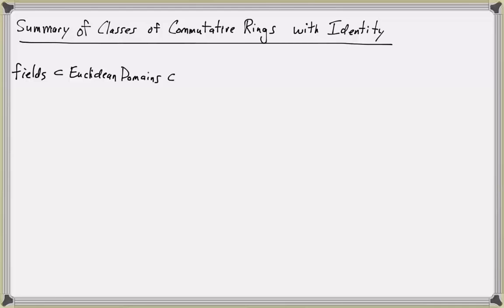So the class of Euclidean domains is contained in the class of PIDs, and every PID is a unique factorization domain. We proved that in this lecture. And these are all classes of integral domains. So all of these containments are proper.